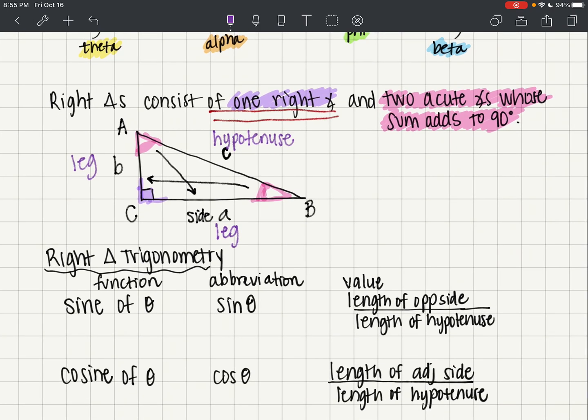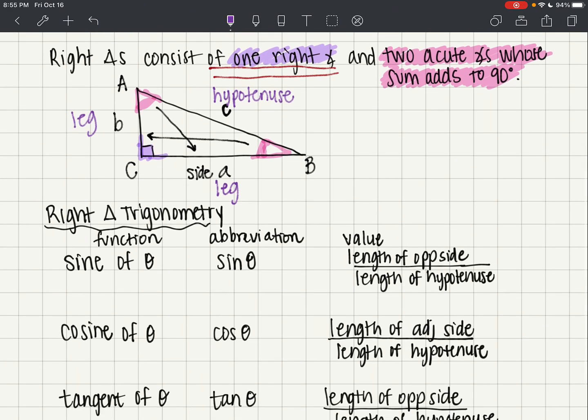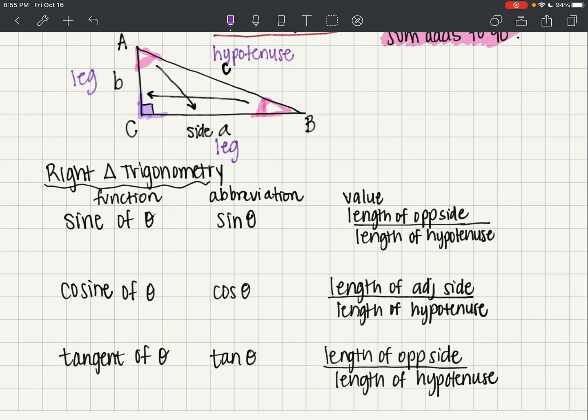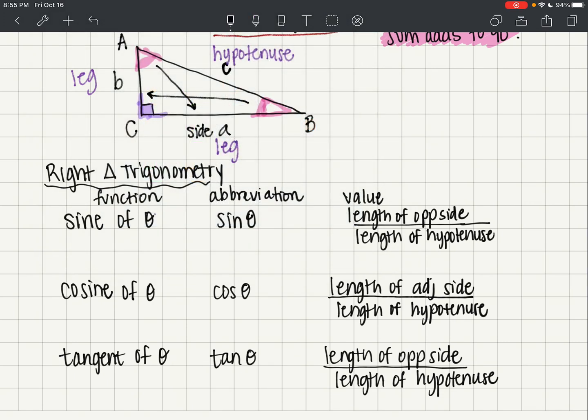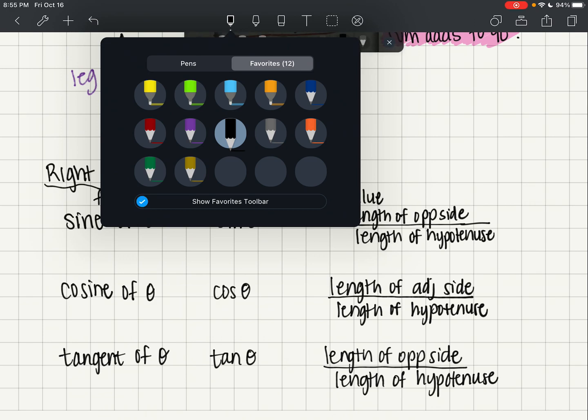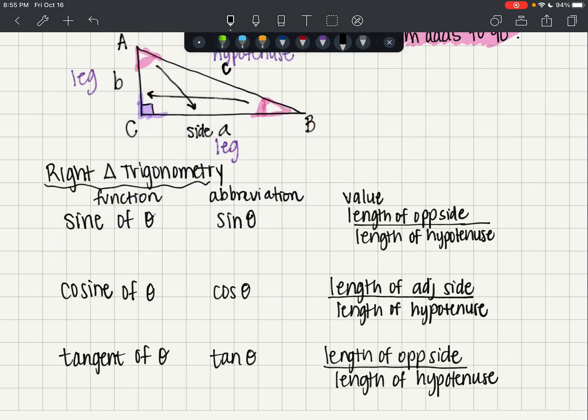Now, in right triangle trigonometry, we have functions. We've got the sine of theta, that's a function. The cosine of theta is a function. And the tangent of theta is a function. So this is technically how we read it. We read it the sine of theta, and the abbreviation is sin theta.